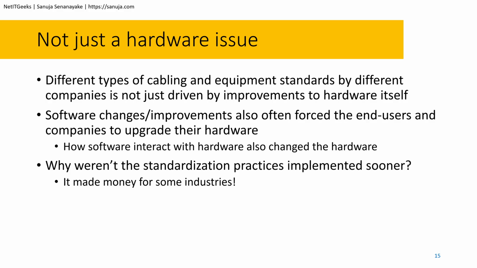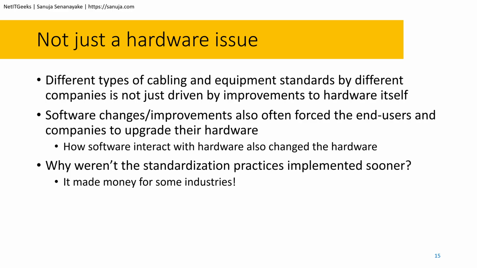As a result, the IBM mainframe plays a major role in what software will be used. And if the COBOL software needs a specific cabling structure or specific hardware, guess what? That's what the hardware is going to be. So how software interacts with the hardware also played a part in how hardware evolved over time.